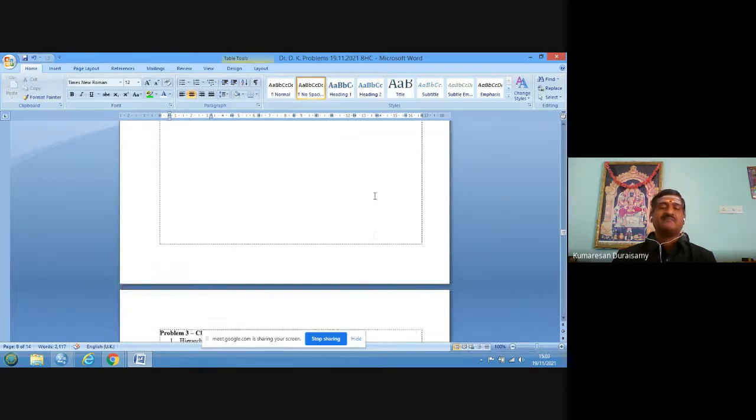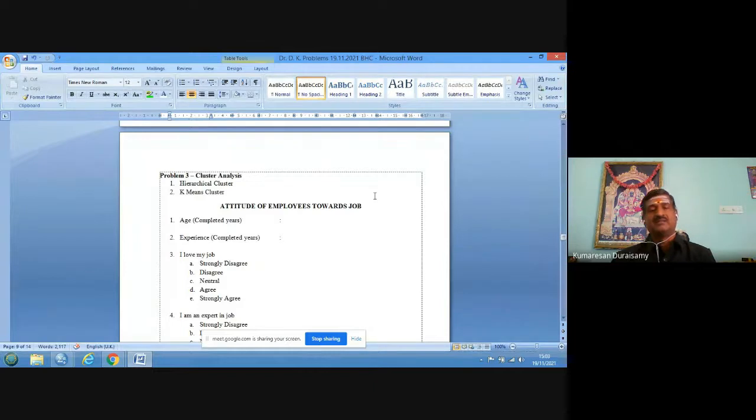Then we move on to the next advanced statistical tool, cluster analysis. Cluster analysis is a typical statistical tool.